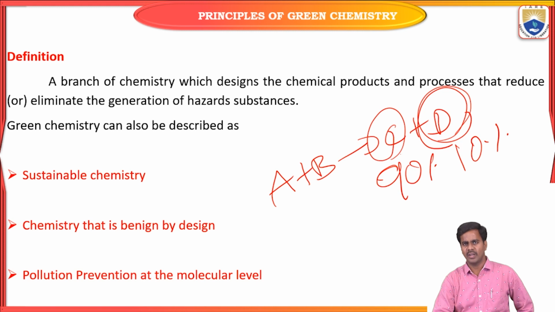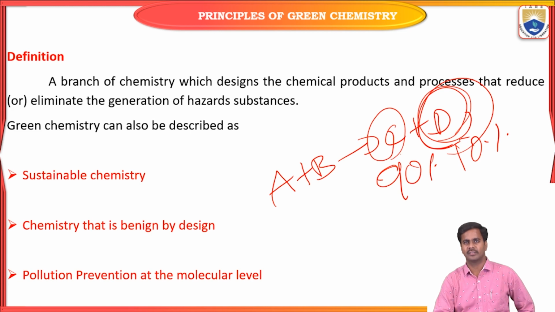So now by using green synthesis or green chemistry, by using different mechanisms or methods of green synthesis, we can minimize the formation of this unwanted product, that is D. So that is the main difference between chemistry and green chemistry.